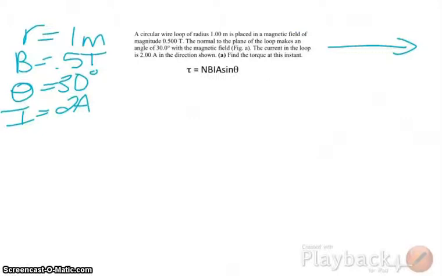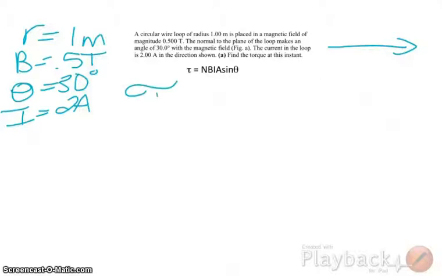Sometimes they like to throw something at you where they give you the wrong angle. They don't give you the angle between I and B. They give you the other angle, at which point you have to say, well, it's not 30, it's 60 or something else. So you've got to pay attention to that angle.